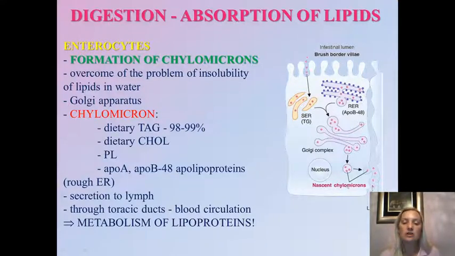In blood circulation, the nascent chylomicron is going to be remodified to a mature chylomicron, but more about the fate of chylomicrons and the metabolism of other lipoprotein particles will be discussed in the chapter on metabolism of lipoproteins.